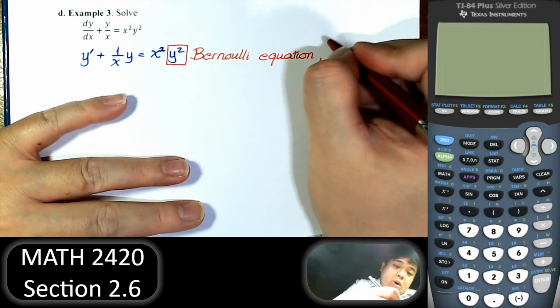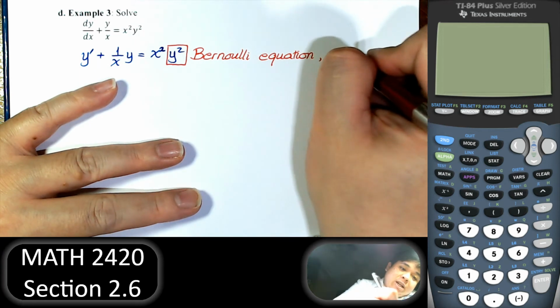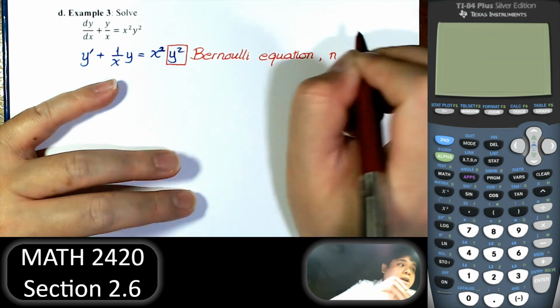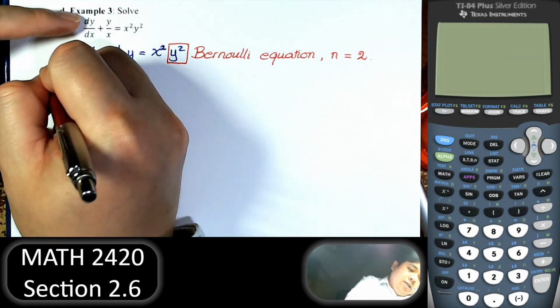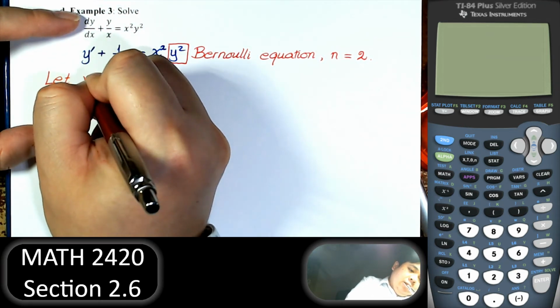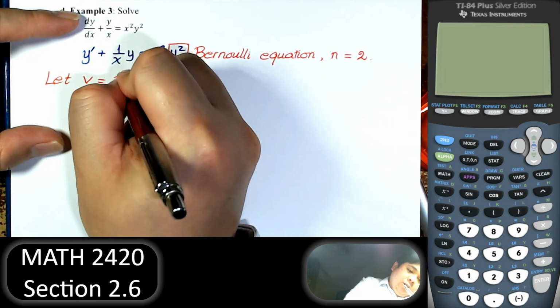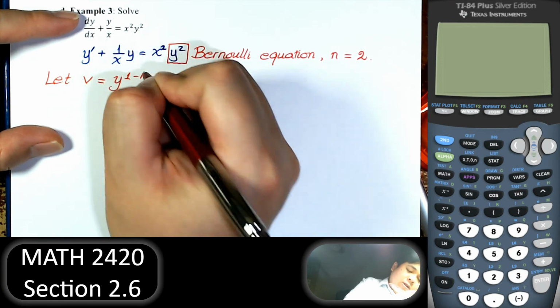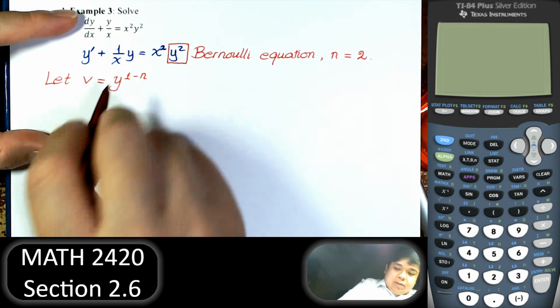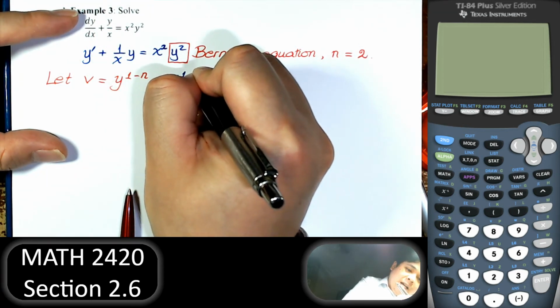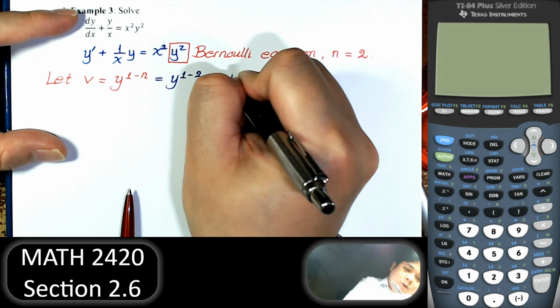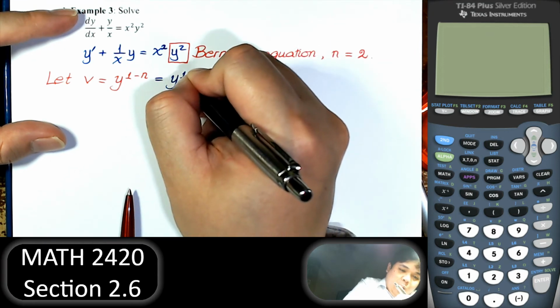So if it is a Bernoulli equation, I'll need to identify what n is, in this case 2. Then the Bernoulli equation substitution is v equal to y to the 1 minus n. n is 2, so we have y to the negative 1, since 1 minus 2 is minus 1.